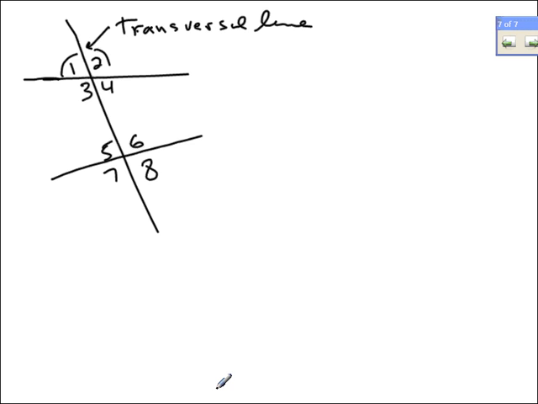The regions are pretty simple. The region in here is in between the two lines. It's the interior region. That is, angles 3, 4, 5, and 6 are interior angles.